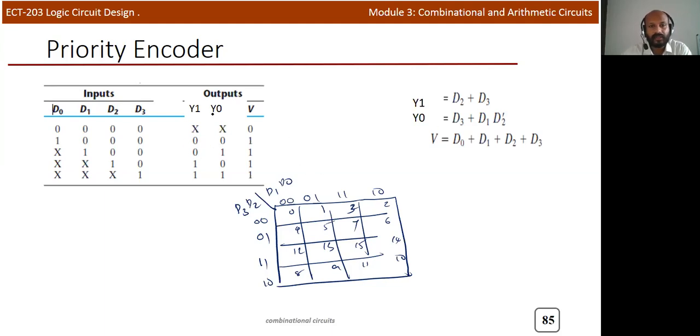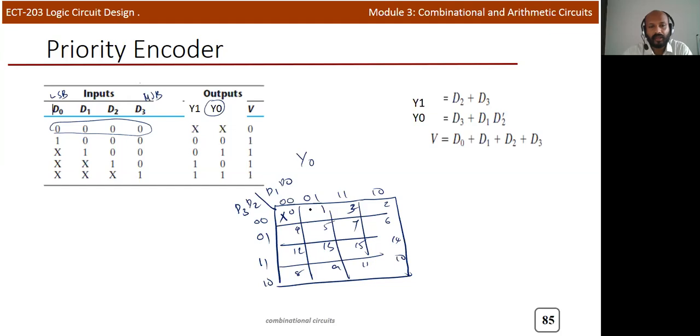Y0 we need to design, so for the second output line Y0, for the input combination 0, 0, 0, 0, it's a don't care condition. D3 is the MSB and this is the LSB.